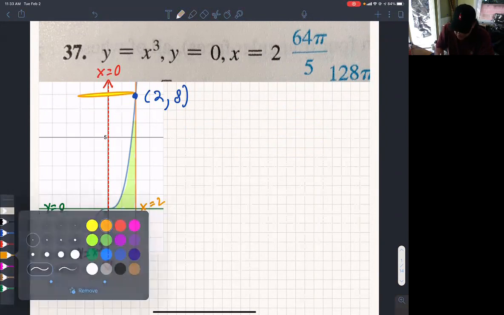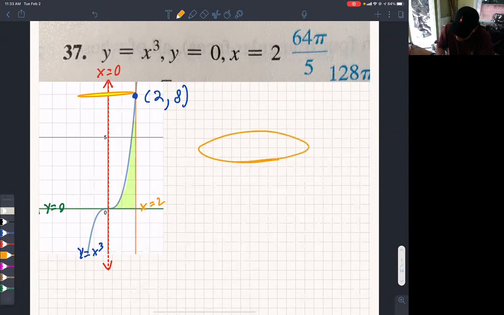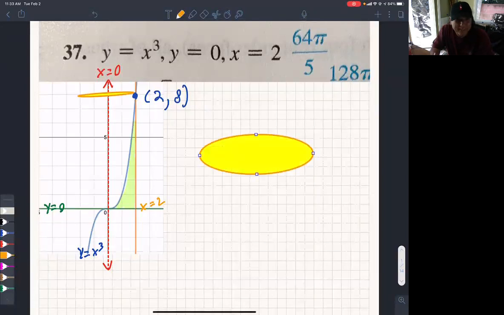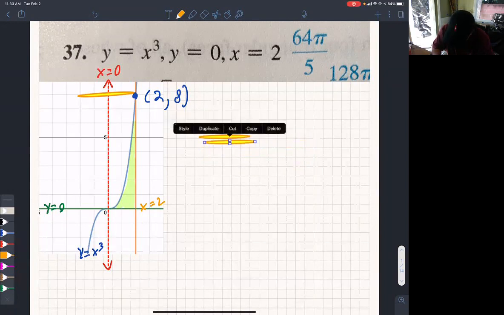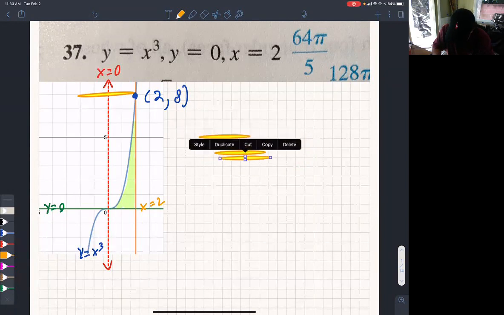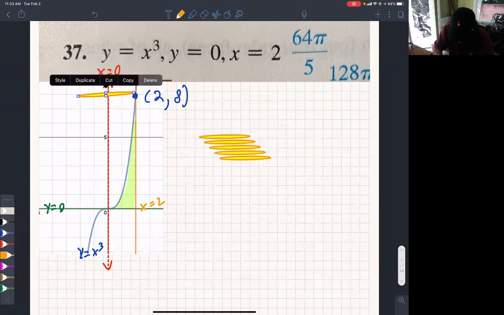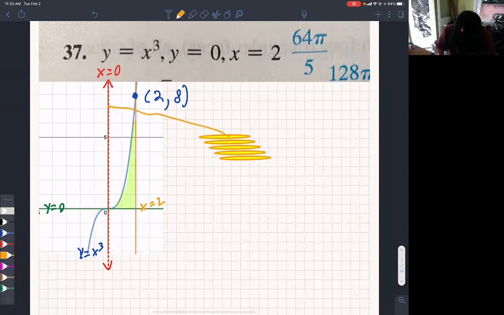So you're going to have these up and down. Try it again. That's a good one right there. I like that one. In fact, I'm going to duplicate this over and over because I like that one. I'm going to get rid of this one.